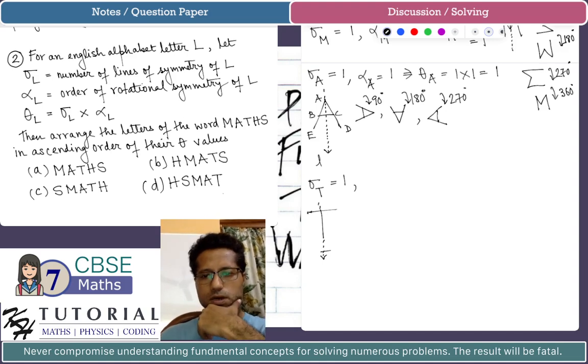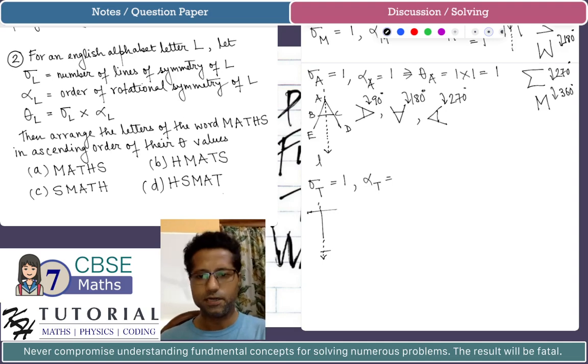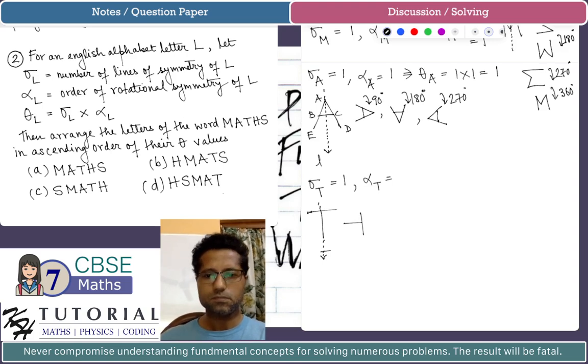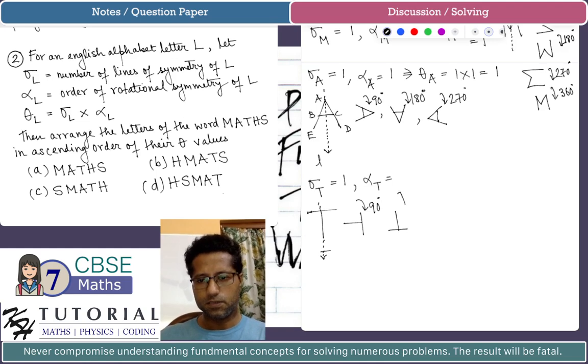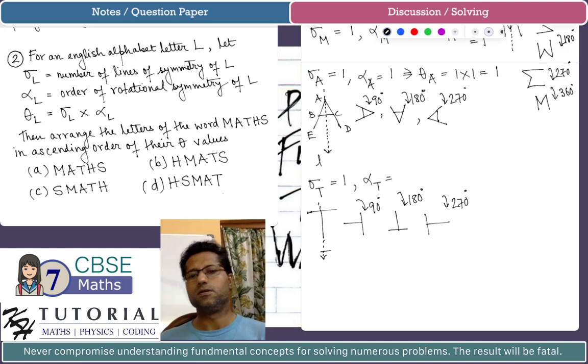What about alpha T? What will be the order of rotational symmetry of the letter T? Let's see. If you rotate the letter T clockwise 90 degrees, we get this, which is not looking identical to T. If we rotate the letter T 180 degrees clockwise, we get this. This is also not looking identical to T. Similarly, we will get this after 270 degrees of rotation clockwise.